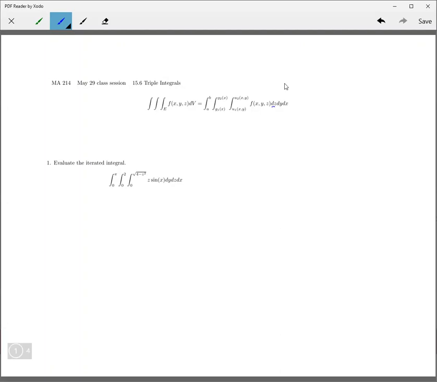And there are 6 different orders, because it doesn't have to be dz, dy, dx. It could be dy, dz, dx, or it could be dx, dy, dz.